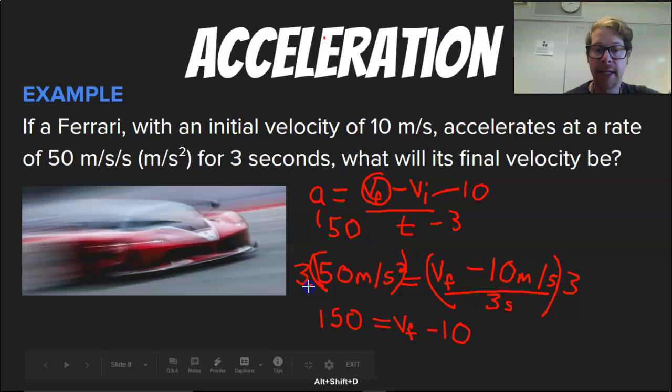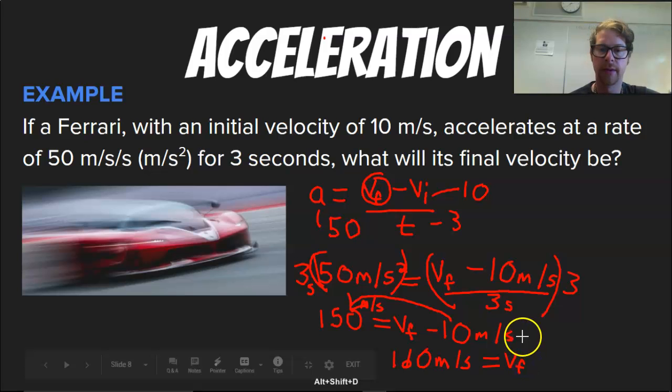And since this is seconds, this becomes meters per second. So meters per second. This is also meters per second. And now we need to move this 10 over here by adding it to both sides. So that's 160 meters per second is the final velocity. There you go. That makes sense.